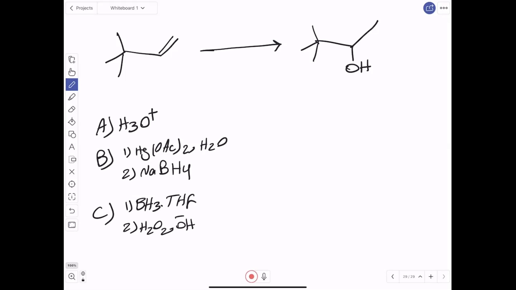A, B, C, A and B, B and C, A and C, A, B and C. Which reagents can you use?